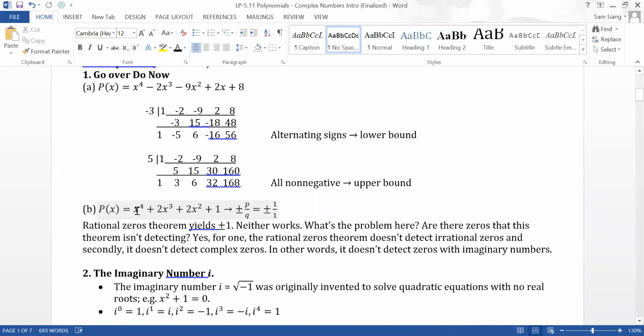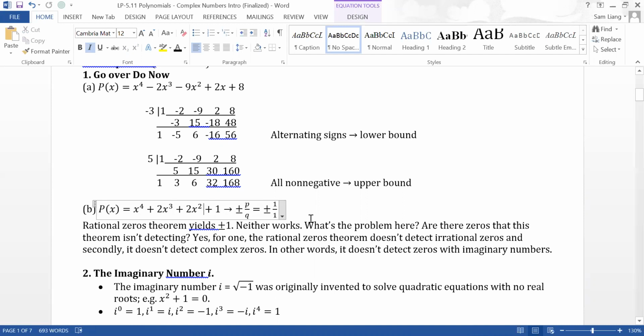So -1 to the fourth will be positive 1. This will be -2, so 1 minus 2 is -1, and then -1 plus this would be 2, because 2 times -1 squared is 2. So we get 1 again, and then 1 plus 1 is 2. Either way, neither works.